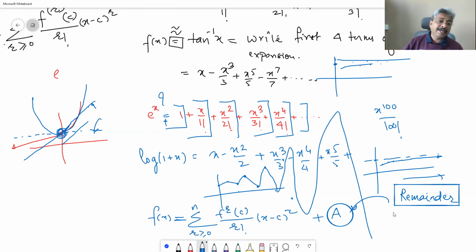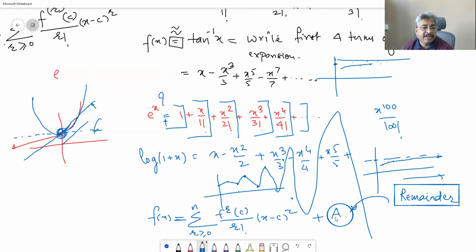If we could calculate the remainder term very successfully, what is the difference between them? We add that remainder to the RHS and make them equal. That will reduce your error to 0 for all practical purposes. Then the next task is, how do we find this remainder?